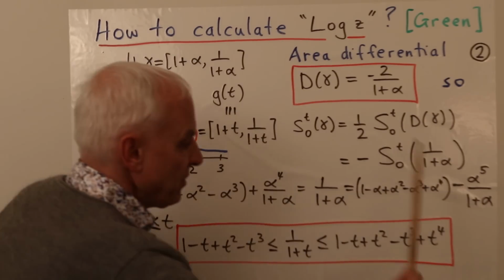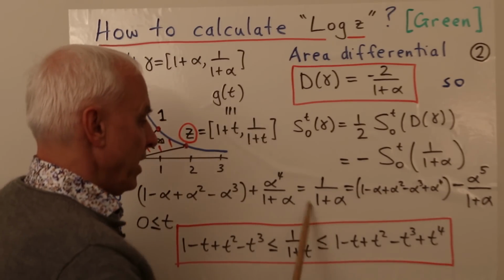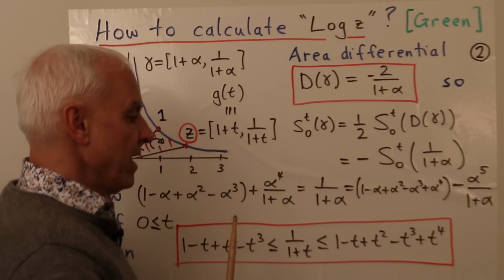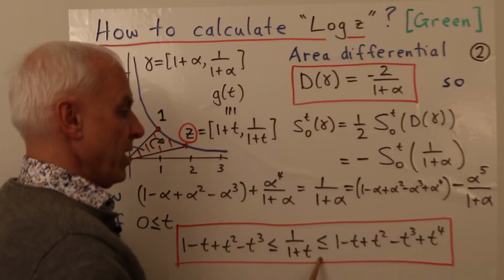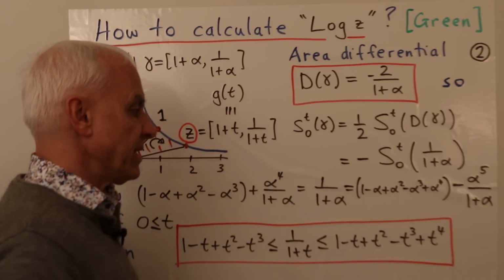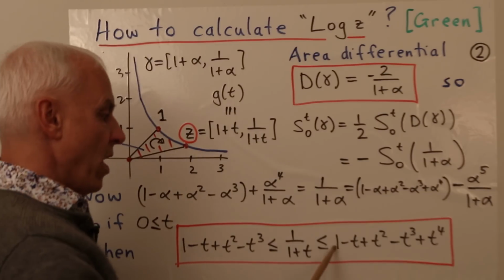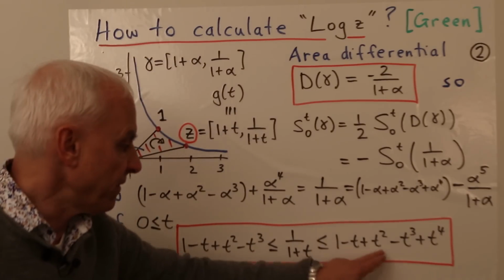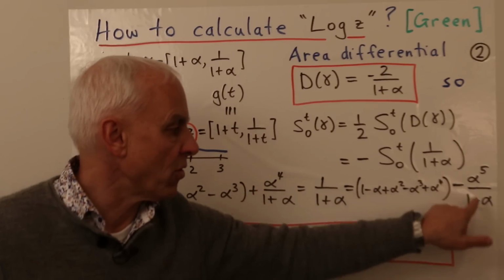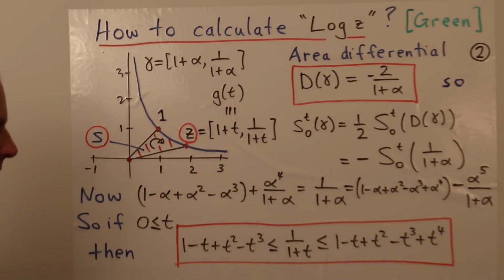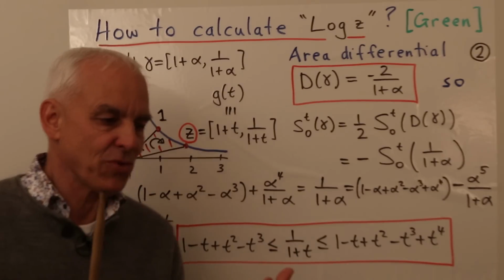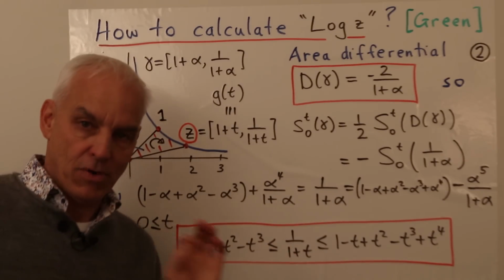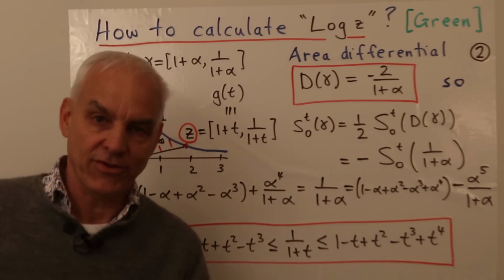And similarly, on the other side, we can say that this quantity here, 1 over 1 plus t, is less than or equal to what we get by replacing the alpha with t here: 1 minus t plus t squared minus t cubed plus t to the 4th. And the difference here is exactly this quantity here. So we're in a pleasant situation. We don't know how to integrate 1 over 1 plus t in the Faulhaber sense.